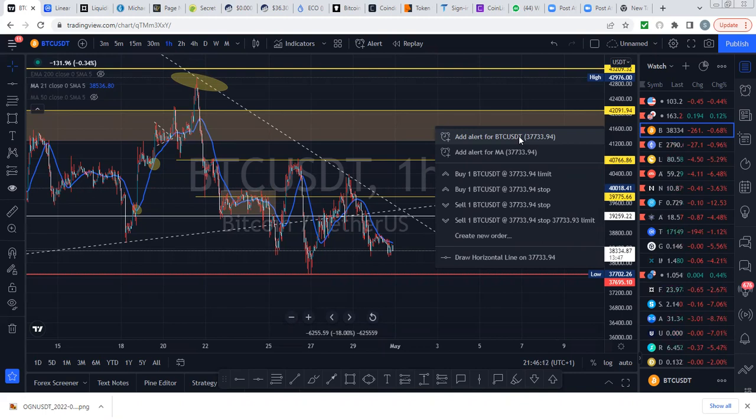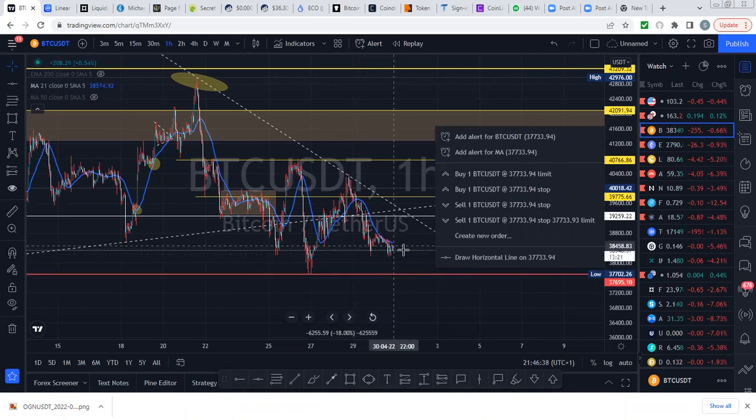Then you make your entry. Or you can as well set a buy limit order at this point, with your stop loss.